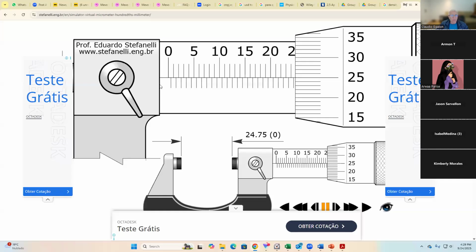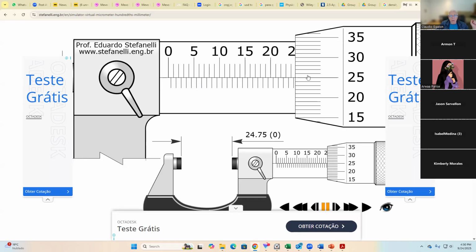The ruler has its scale. The vernier caliper has a ruler scale as well. And the micrometer also has a ruler scale, which is 1 millimeter resolution only. And below here, we have half millimeter, 0, half millimeter, 1 millimeter, 1.5 millimeter, and so on.